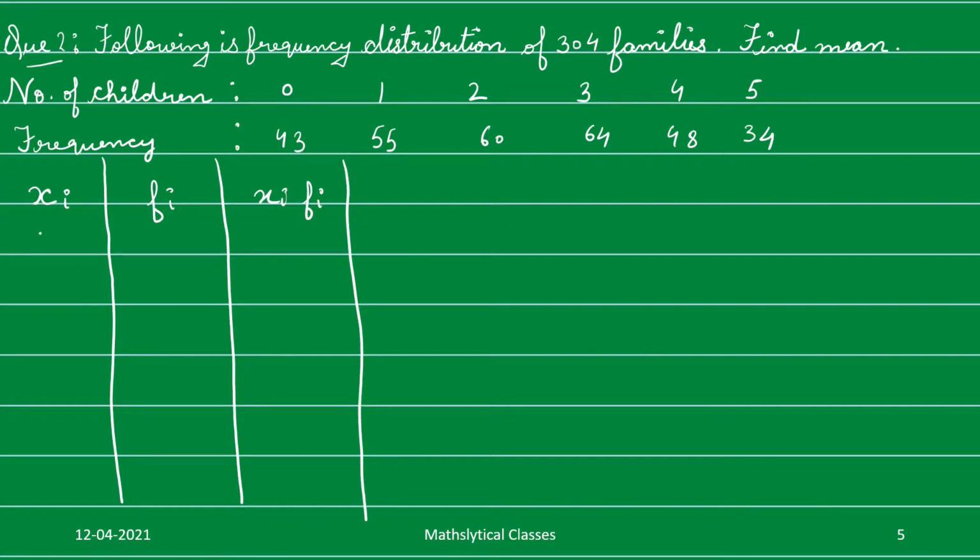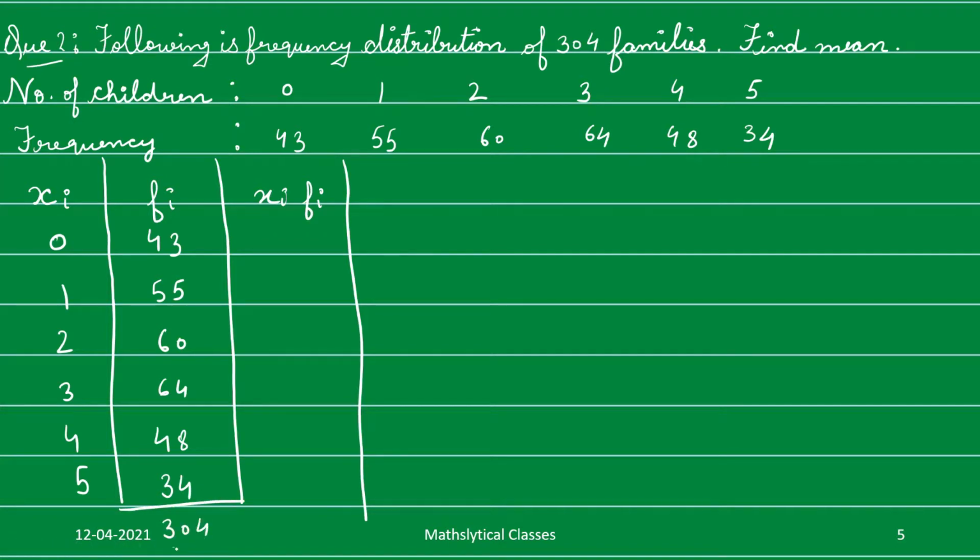So what are the values of xi which are given to us? 0, 1, 2, 3, 4 and 5. And fi is given to be 43, 55, 60, 64, 48 and 34. And this sum, you can check, is equal to 304.